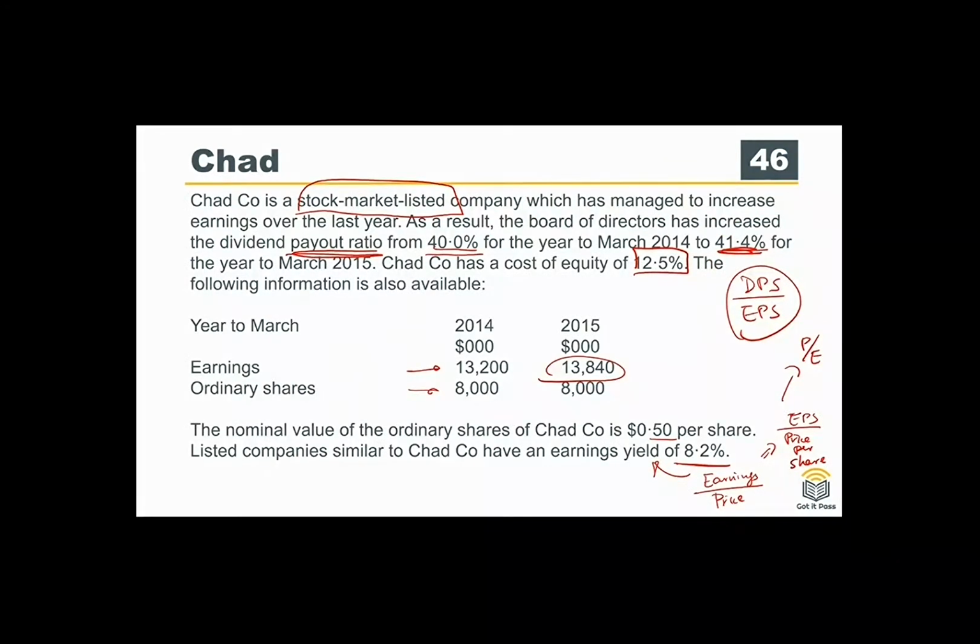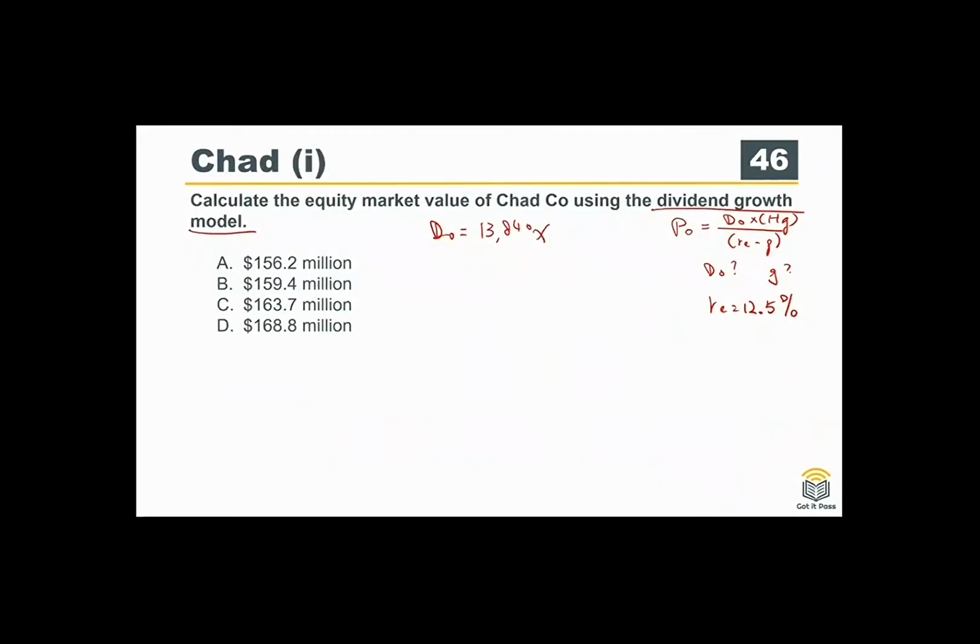So here is the dividend over earnings, 41.4%, and we know the earnings. So earnings times 41.4% is the dividend. So we need to find D0 based on this information.